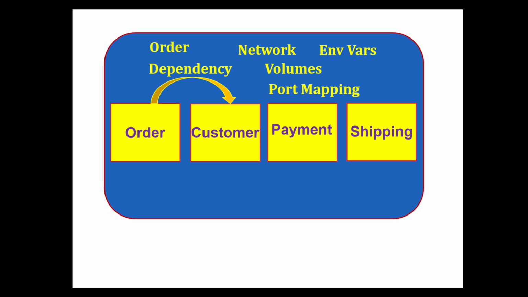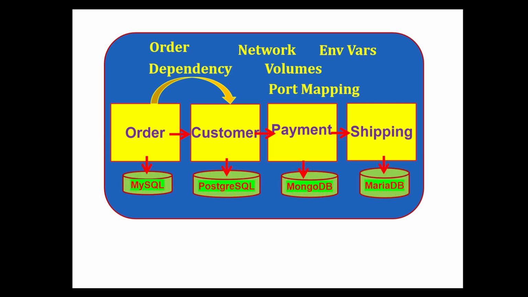So we need to maintain the order and the sequence in which each microservice is going to be executed and run, and the sequence in which our services are getting called as well.